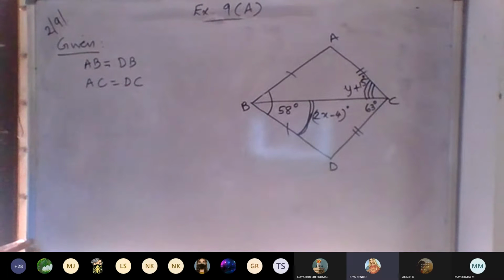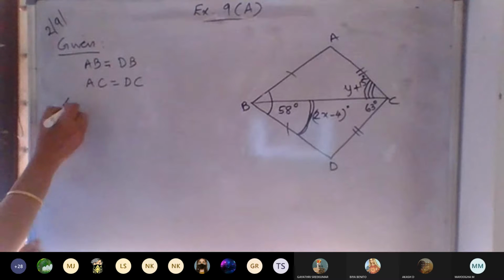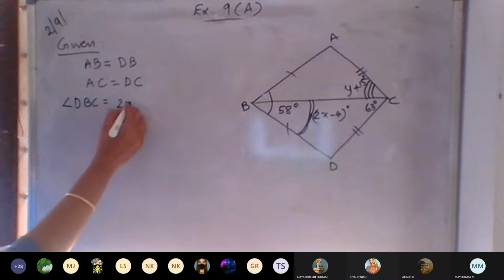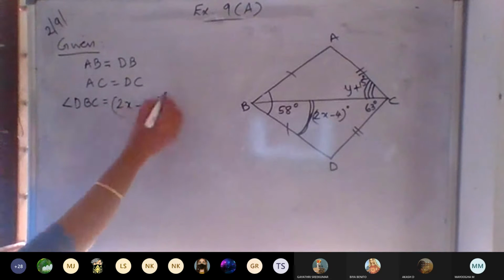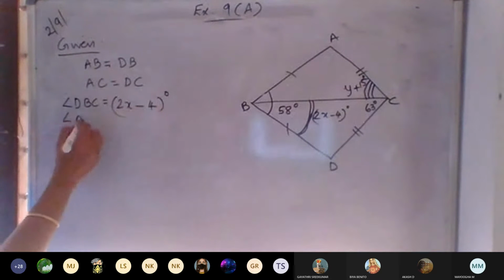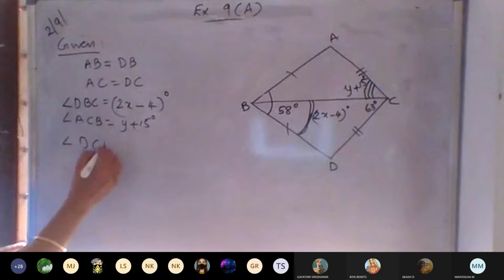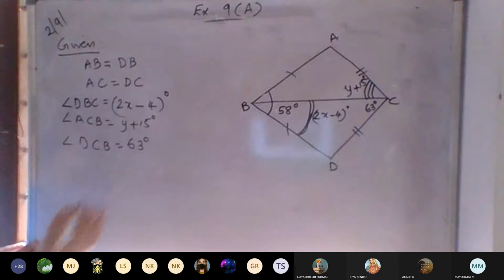Then all the angles: angle DBC is equal to 2x minus 4 degrees, angle ACB is equal to y plus 15 degrees, and angle DCB is equal to 63 degrees.